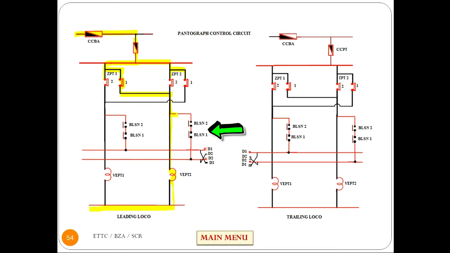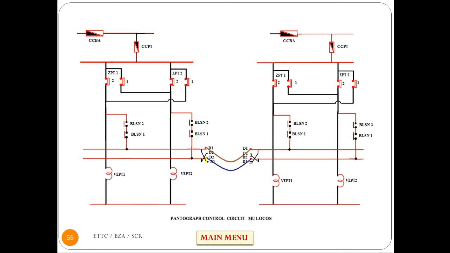In MU, jumper cables are connected. Through these jumper cables, the supply will go to the trailing loco.